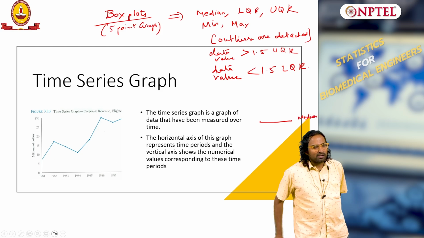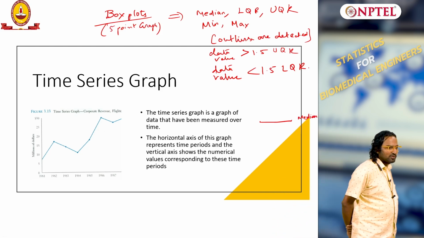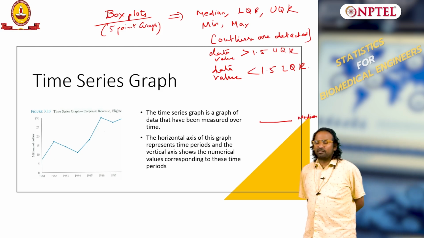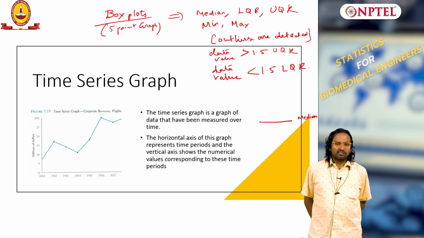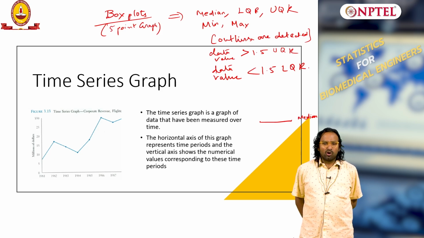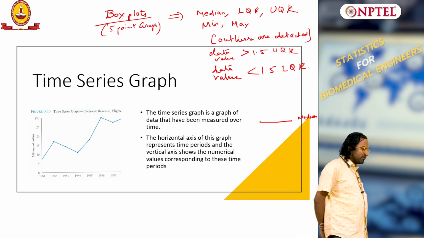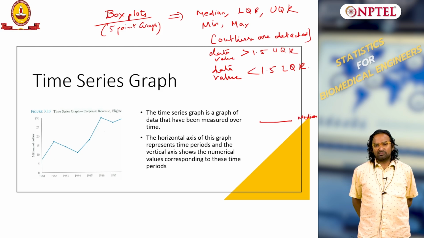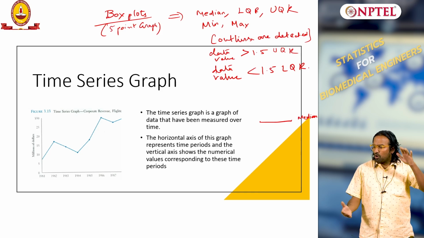What is LQR? So, you have sorted the data in ascending order, right. So, the lower quartile range is what? From 0 to 25% of the data values. There is a whole range, right.